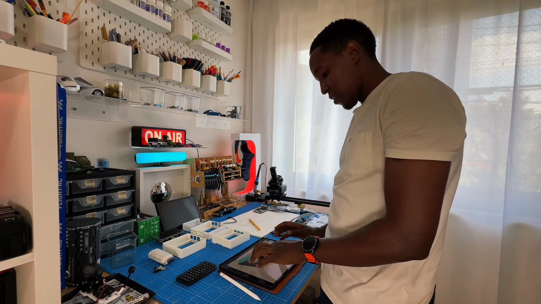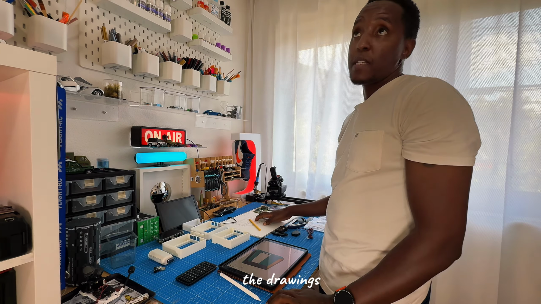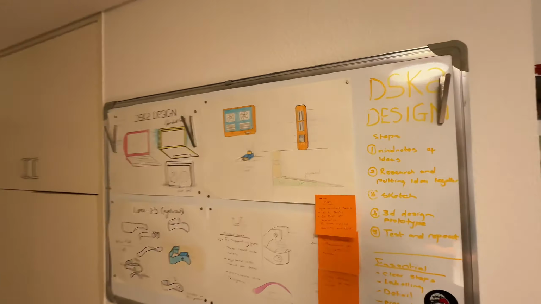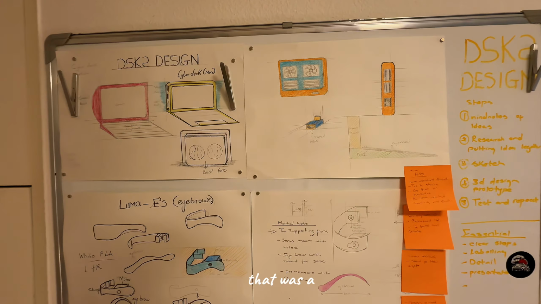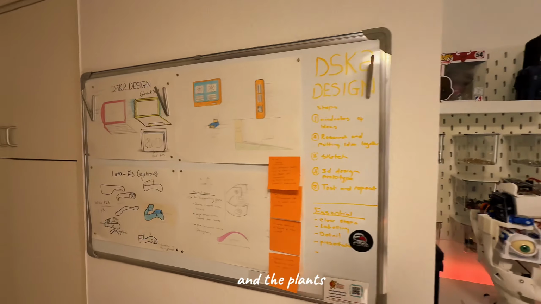So I've been working on the Cyberdeck case to hold everything, and from the drawings that I have above here, so as you can see, that was the Cyberdeck with the fans and everything and the plans.